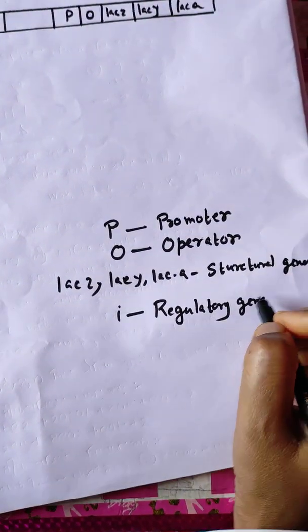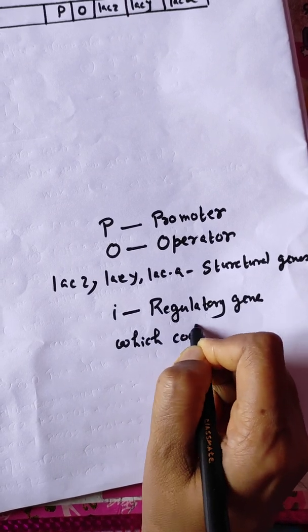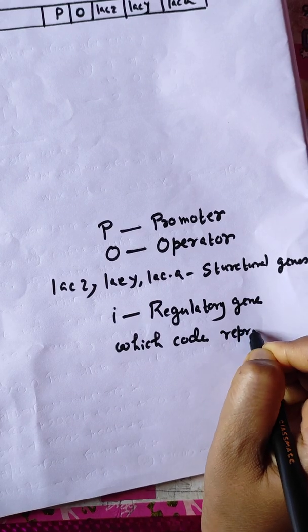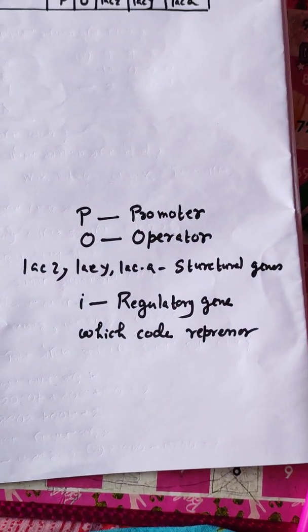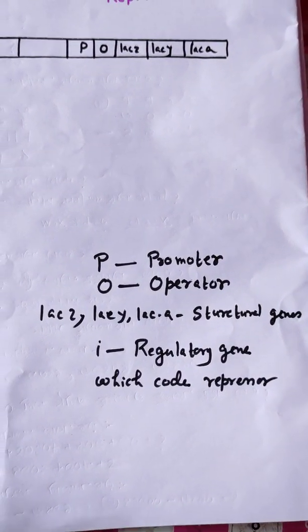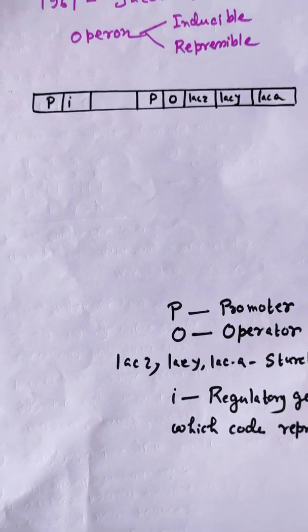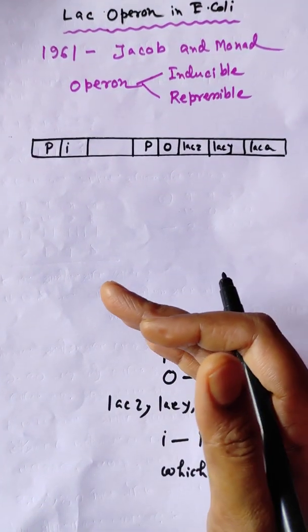I is the regulatory gene which codes a repressor. Now what exactly happens?